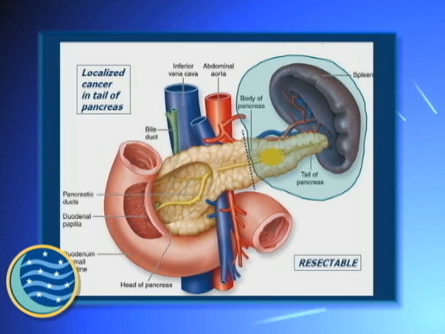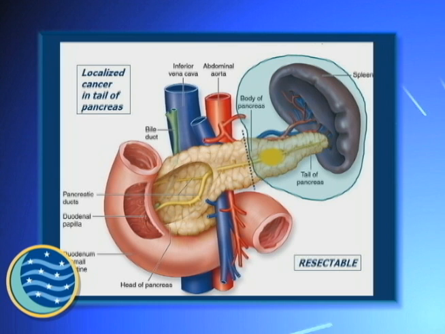We remove not only the tumor, but the spleen that is associated with the tumor, and this is done in an effort to remove those tissues into which the tumor, the cancer, may have already spread.